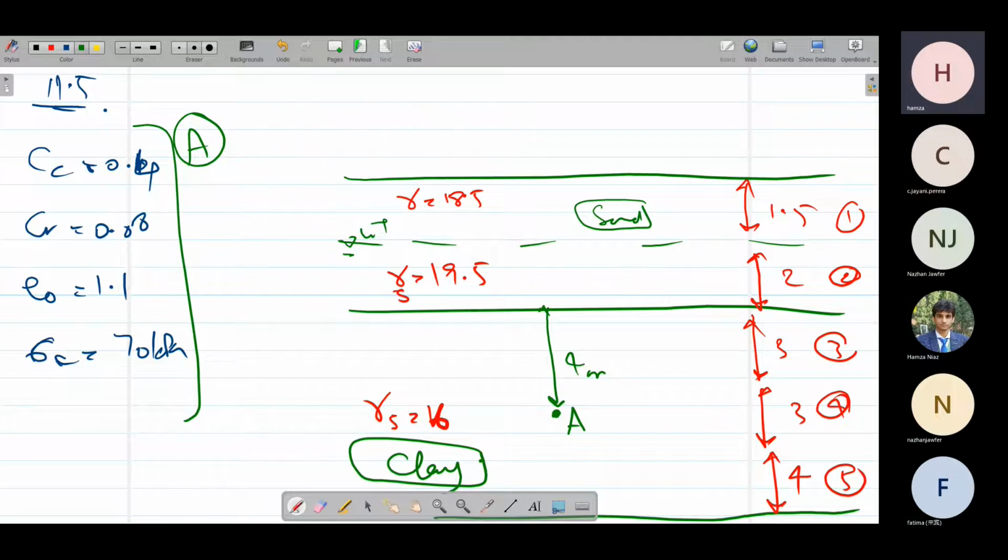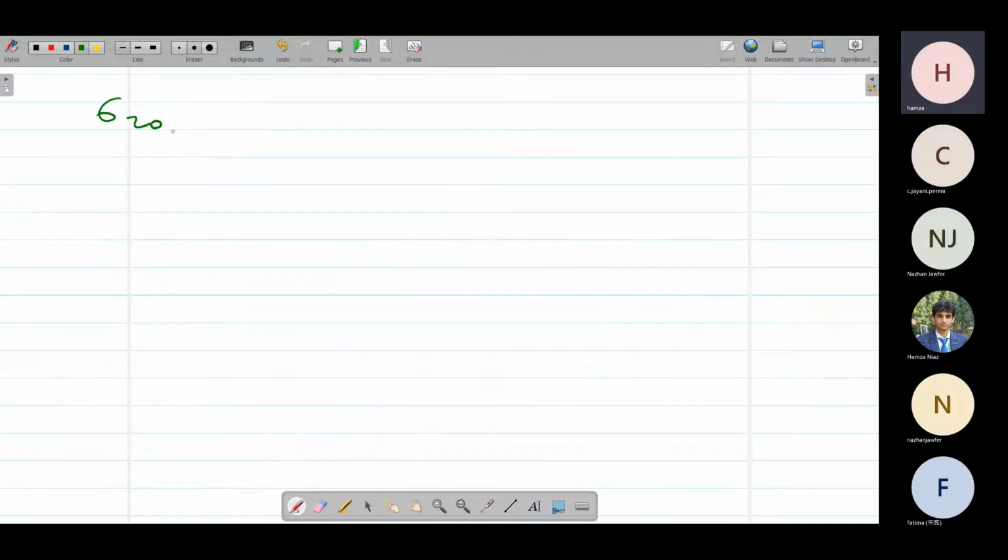In the clay layer we have to check whether it is overconsolidated or normally consolidated. How can we check? We can simply compare sigma z naught at A with sigma C. If they are approximately equal, we can call it normally consolidated.